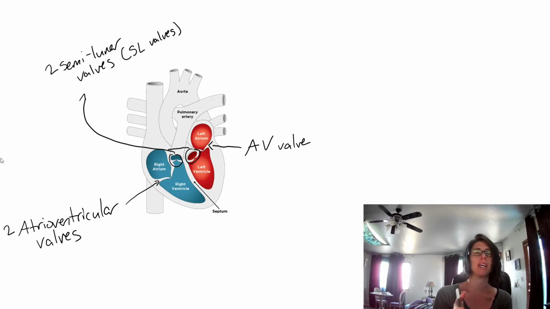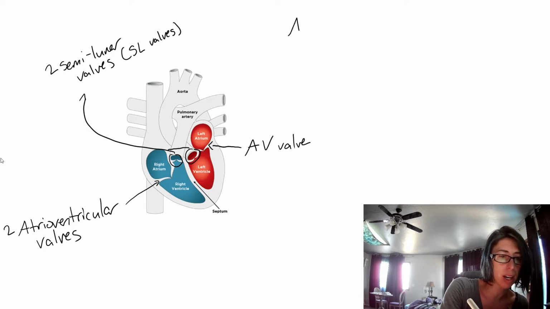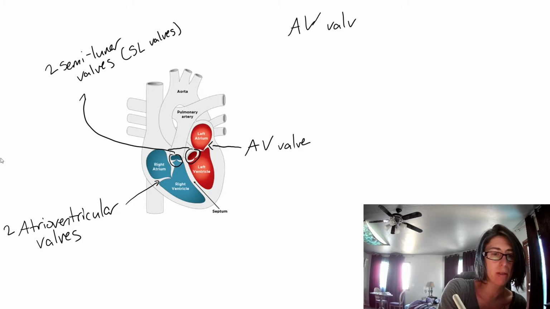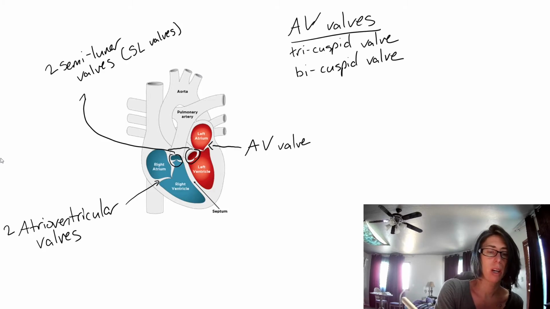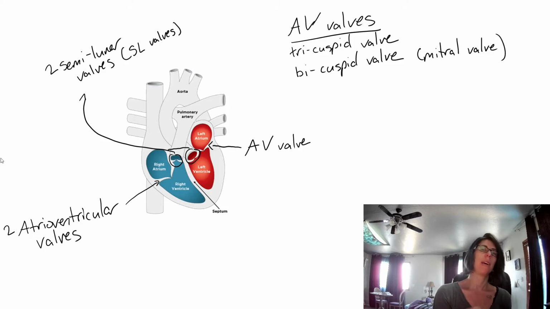And each one has a specific name. So for the atrioventricular valves, we have the tricuspid valve and the bicuspid valve. The bicuspid valve has another name. It's also called the mitral valve. They're named this for how many flaps they have. So the tricuspid valve has tri for three leaves or flaps.